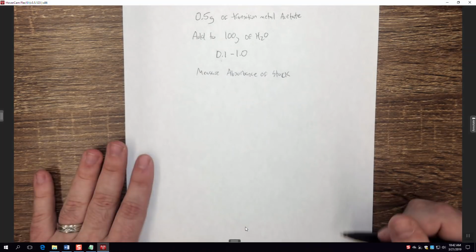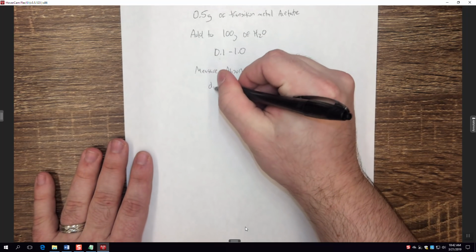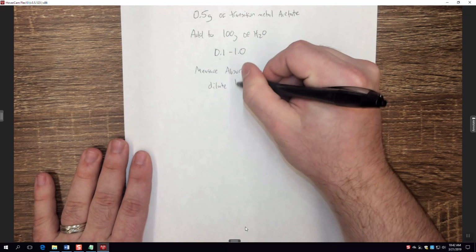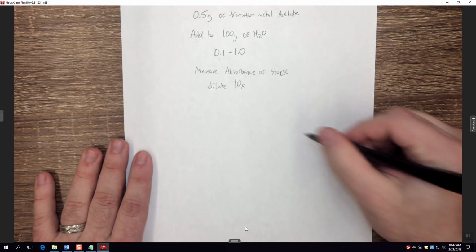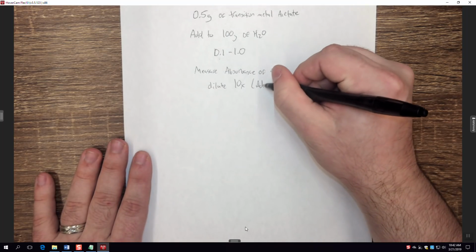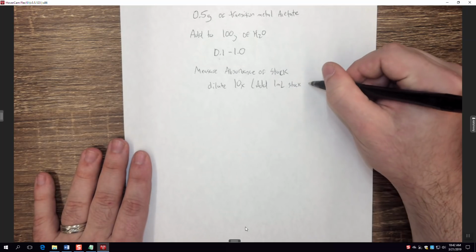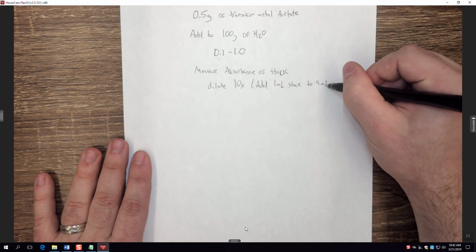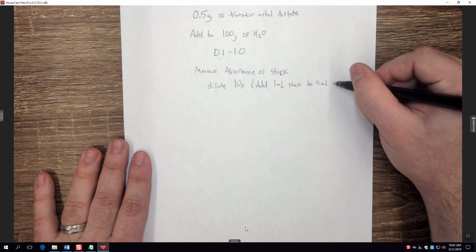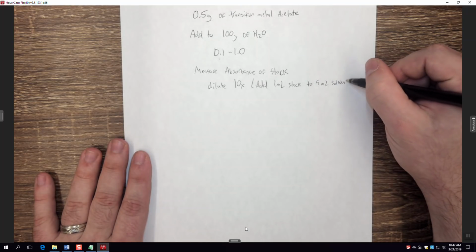Now what you're going to do is dilute it 10 times. What do I mean by dilute 10 times? I mean add 1 mL of stock to 9 mL of solvent, in this case water.